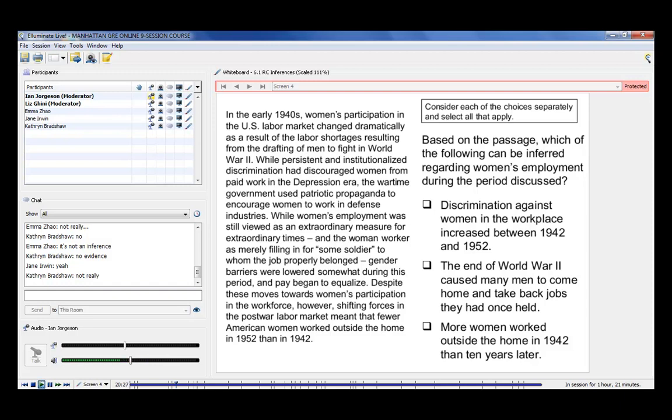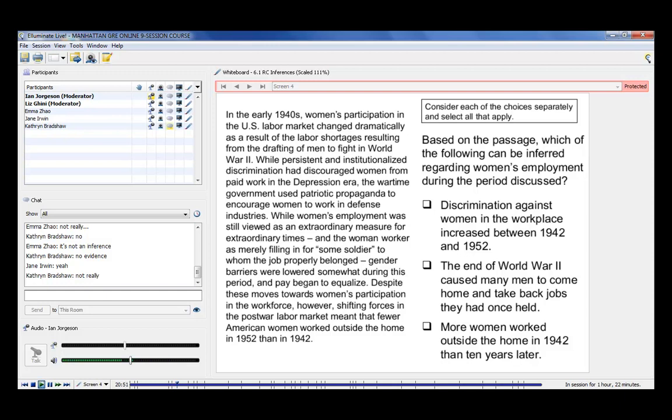So here's what I want to do. I'm going to assign one of these answers to each of you guys. Since this is a choose all that apply, we need to independently evaluate each of them. The answer could be any one of them, any two of them, or all three of them potentially. So Emma, I want you to take the first one, Jane the second one, Catherine the third one.